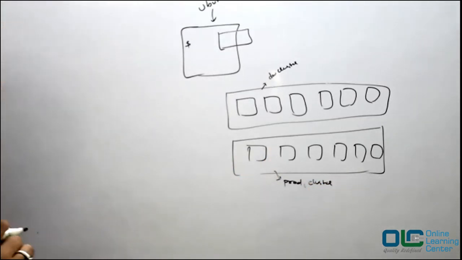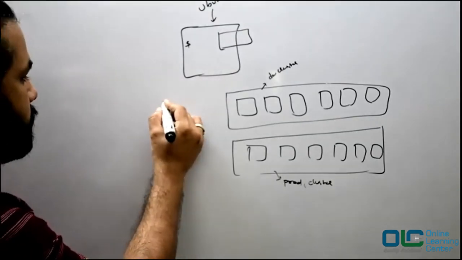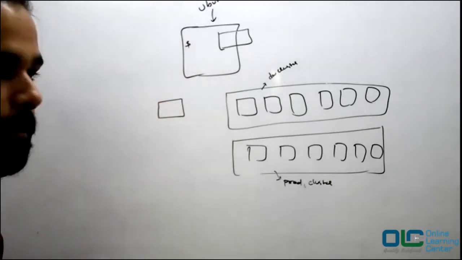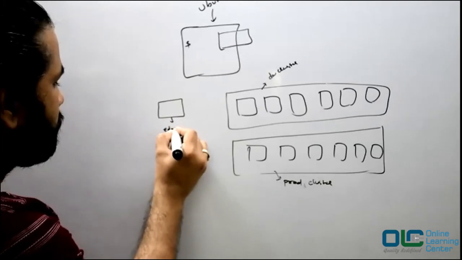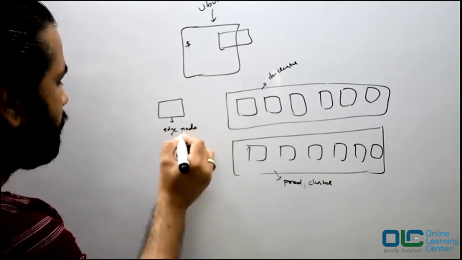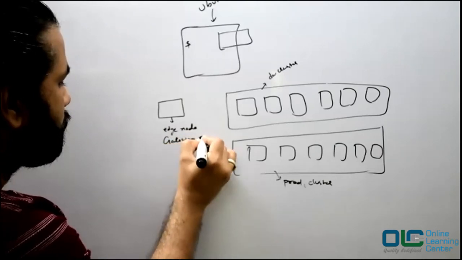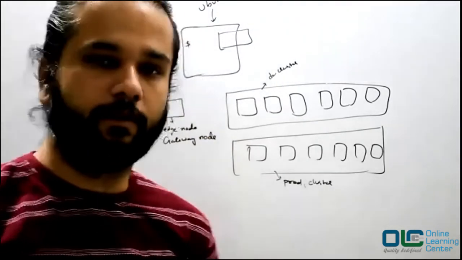Now at your company level, you will basically be given access to one system, and this system is called an edge node, or gateway node.